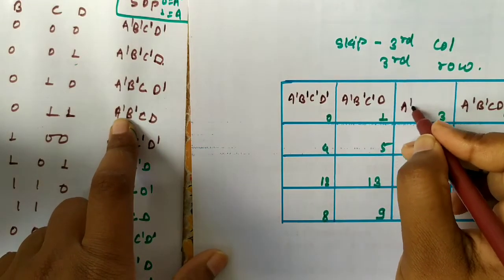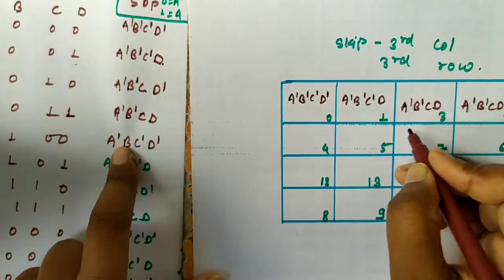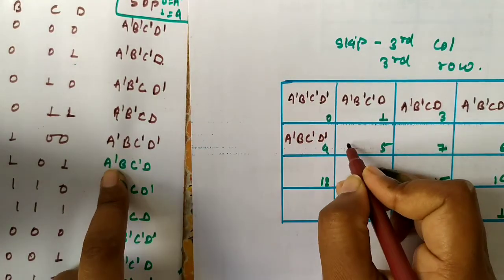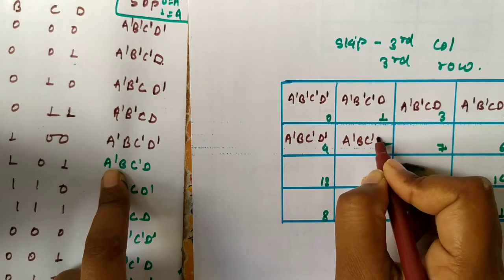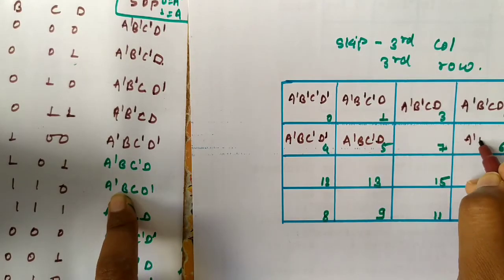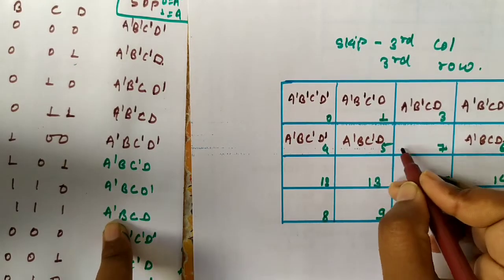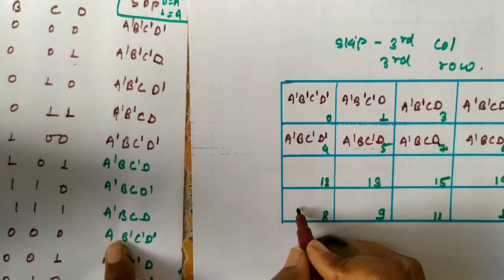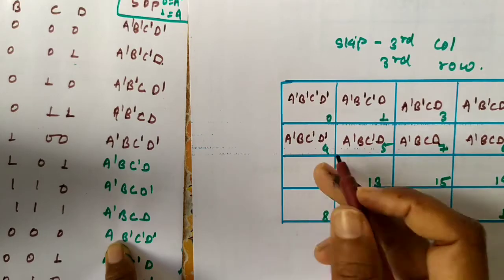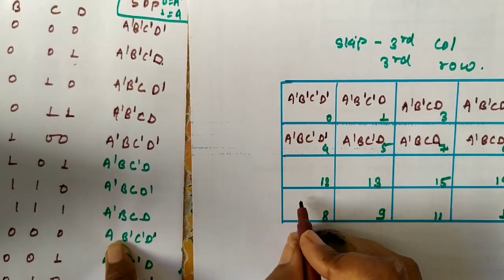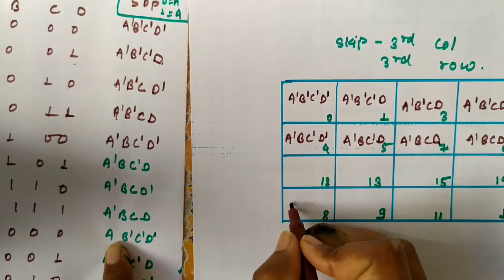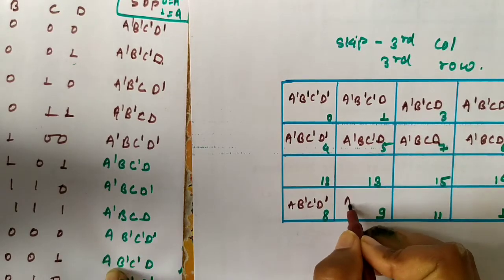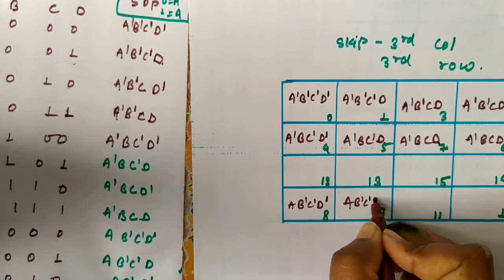Then 3, A dash, B dash, C, D. 4 is A dash, B, C dash, D dash. 5 is A dash, B, C dash, D. 6 is A dash, B, C, D dash. There is 7, that means A dash, B, C, D. 8, don't forget to write here. 8, A, B dash, C dash, D dash. 9, A, B dash, C dash, D.